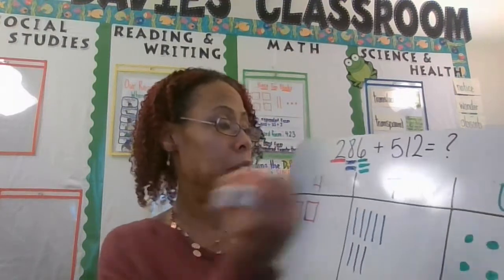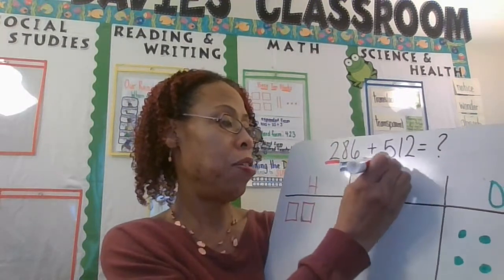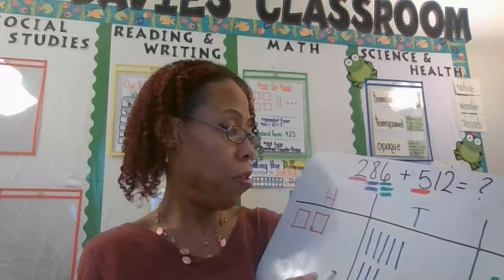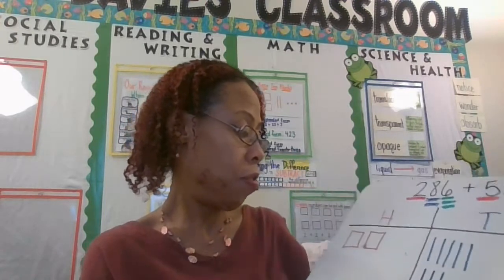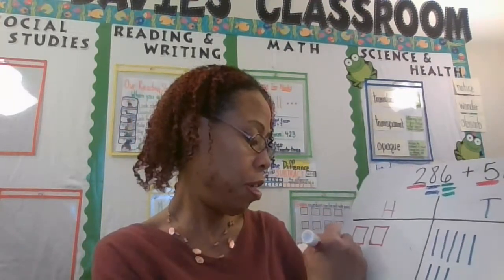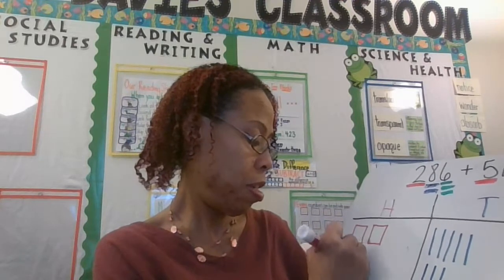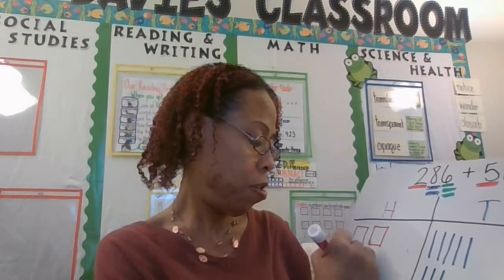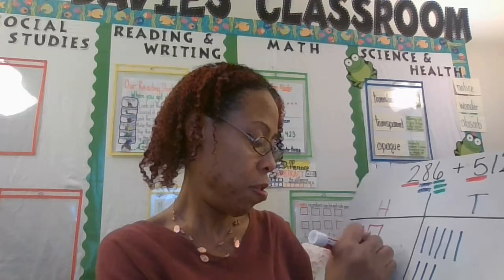All right, again, underline the number in the hundreds place one time. So we're going to draw 5 hundreds. Let's go ahead and draw down here 1, 2, 3.